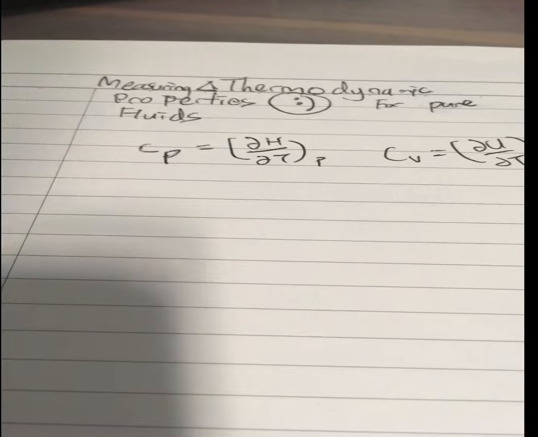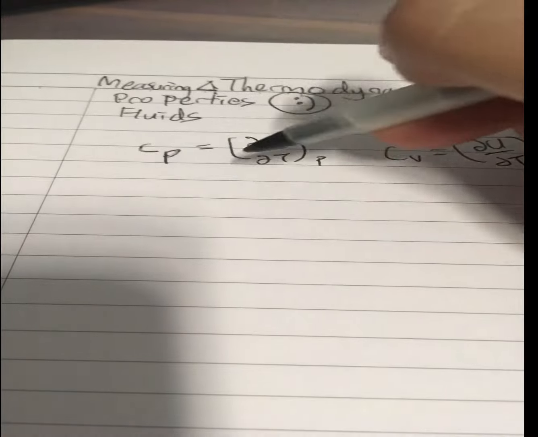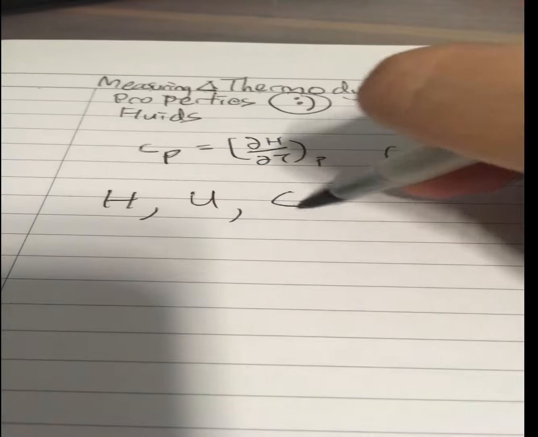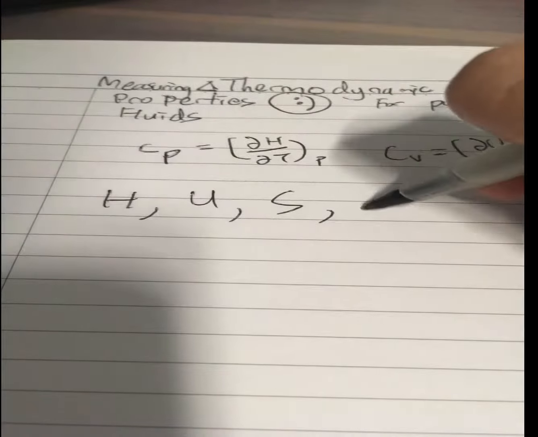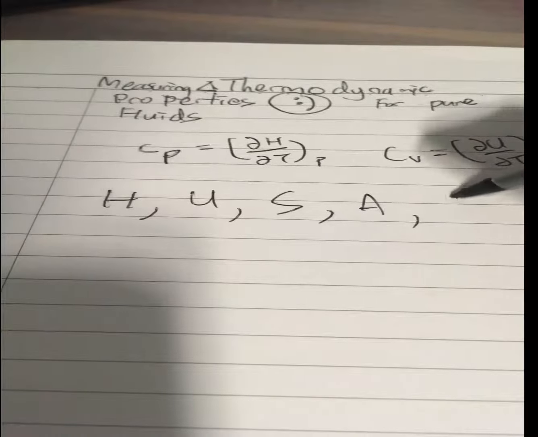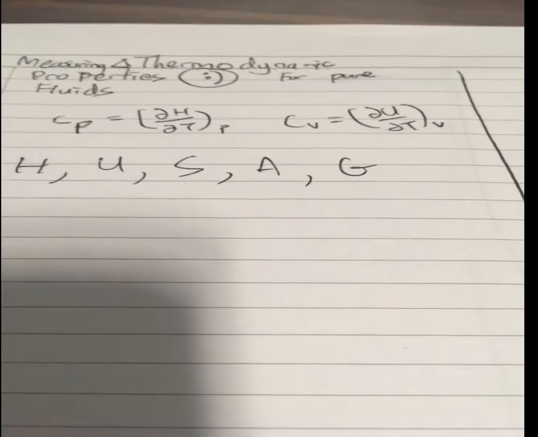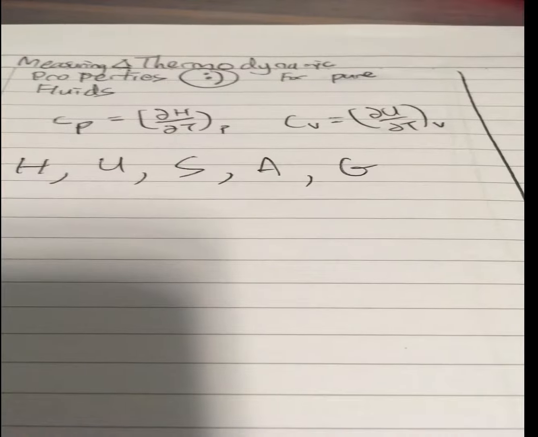What properties are we usually interested in finding? Usually we'll want to find enthalpy, internal energy, entropy changes, Helmholtz free energy, Gibbs free energy. These are usually stuff we want to find for engineering calculations in general.